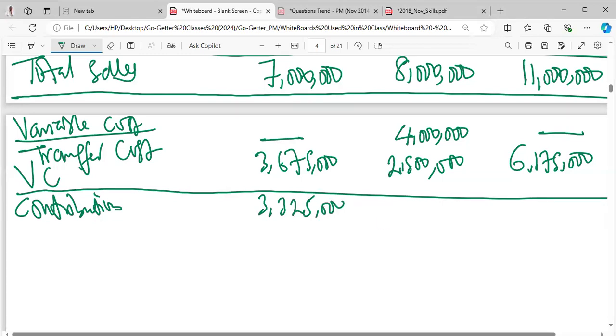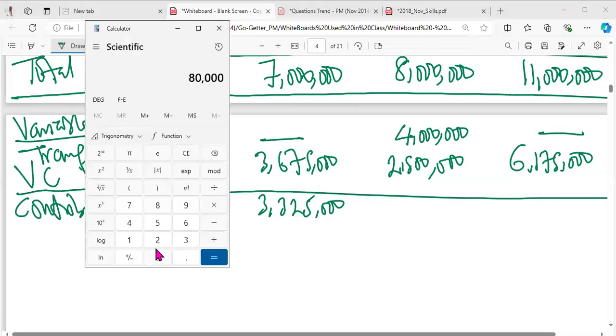Now, what is it going to give us here? A reduction: 8 million minus 4 million minus 2,500,000.